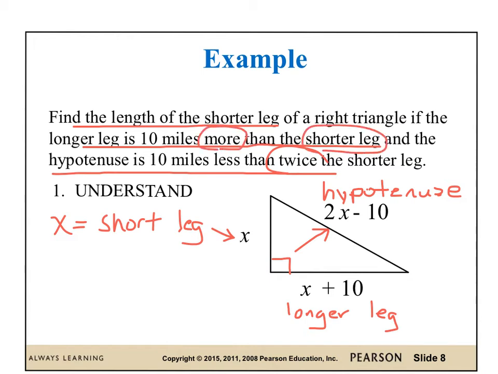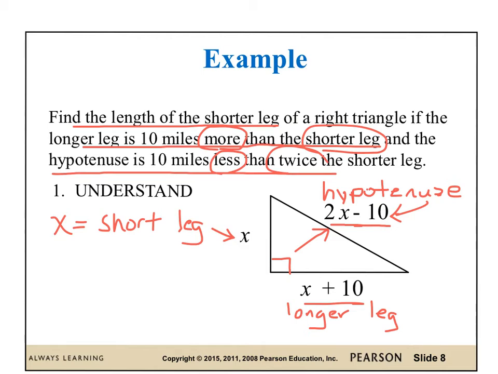And that's what this says. And then the hypotenuse, which is this side, the side that's across from the right angle, is 10 miles less, so we subtract, than twice the shorter leg, which means 2 times the shorter leg minus 10.